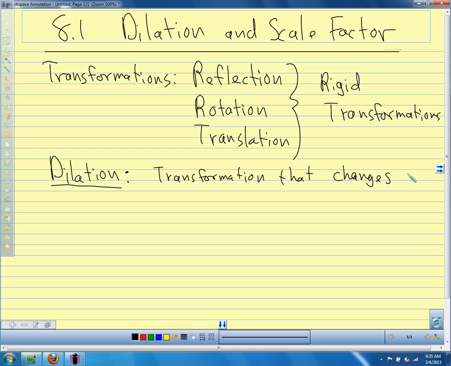So I'll just say changes size, but not shape. Chapter 8 is all about how we're going to make sure that happens, that we change the size of something and not change its shape. So chapter 8 is all about dilations.